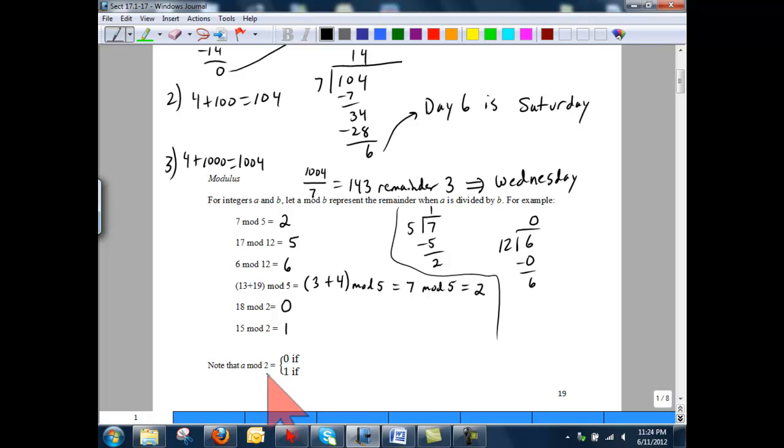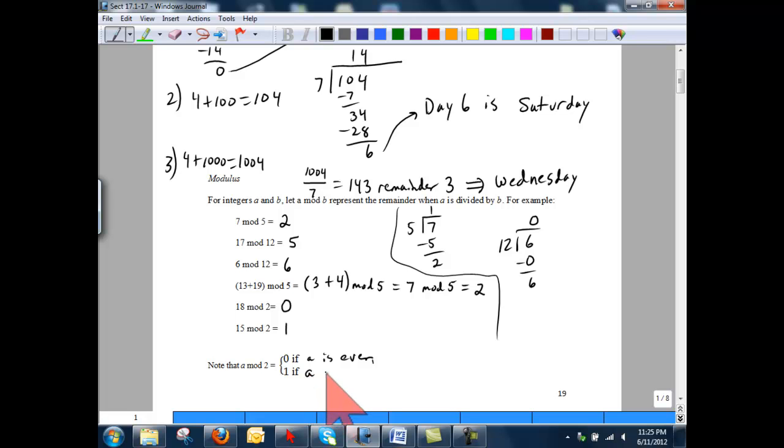And in particular, we can say exactly when that happens. A number a mod 2 equals 0 if a is even. So why did this work out to be 0? Because 18 is an even number. And in a similar way, why did this work out to be remainder 1? Because 15 is an odd number.